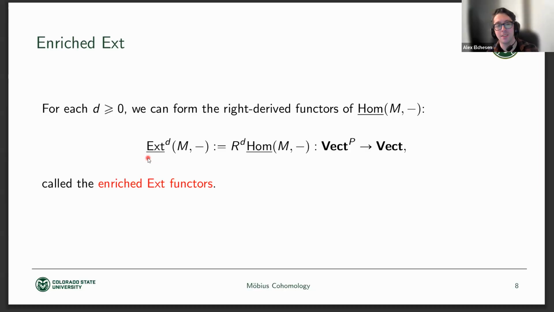If you've seen this in homological algebra or even just algebra, classically you take these hom functors and you do this right derived construction, and those give you the Ext functors, which somehow measure the failure of exactness of this hom functor. So we're doing exactly the same thing, except instead of an ordinary hom, we're using this enriched hom.